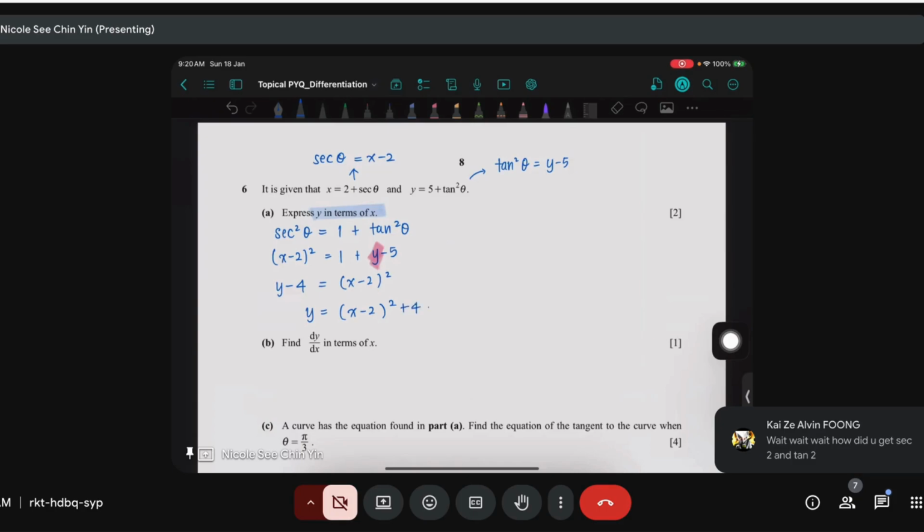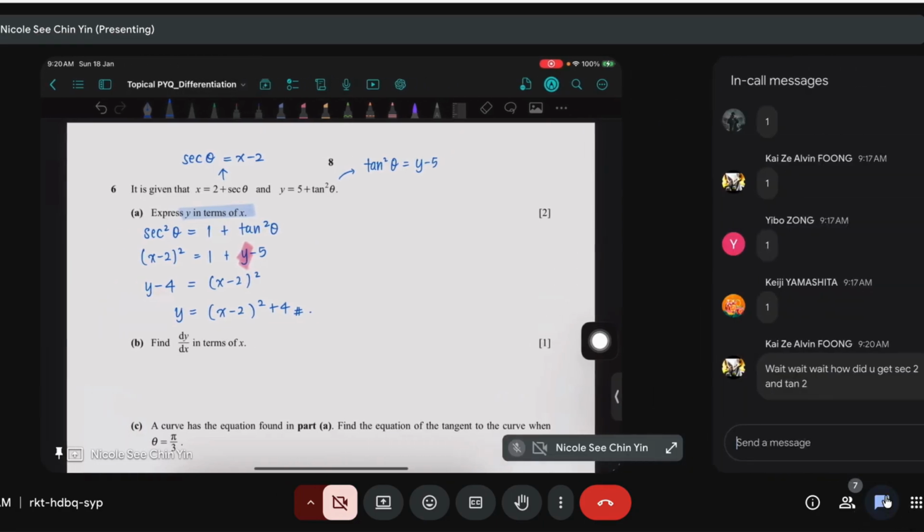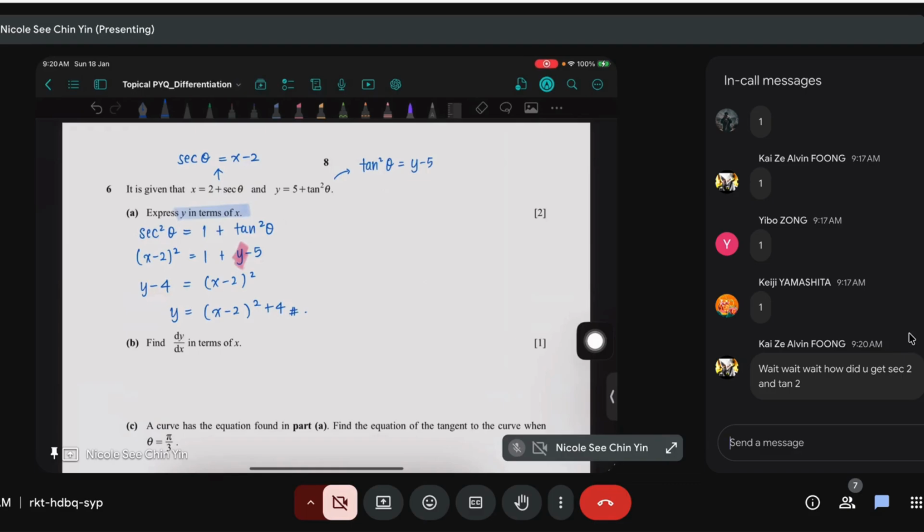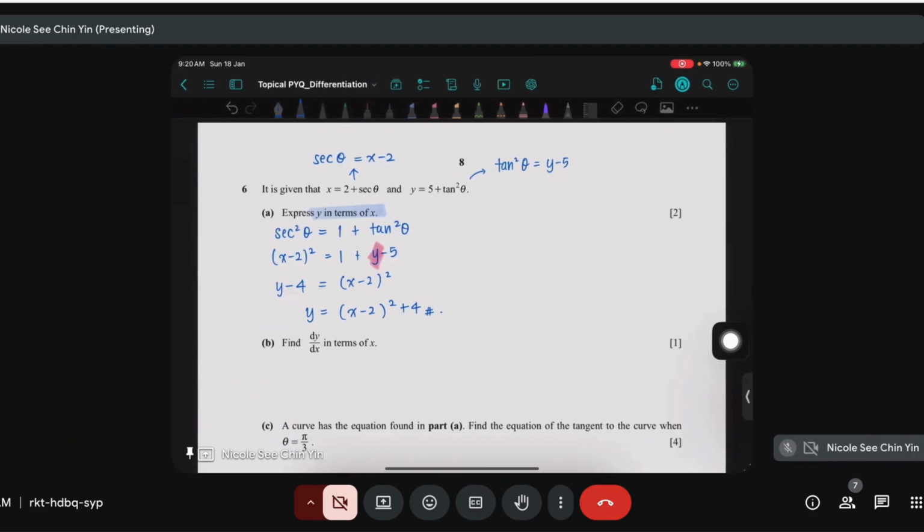Hang on, let me finish. Yes. Okay, very good question. Please look back at the formula sheets. It is your trigo identity. Alvin, do you get it?